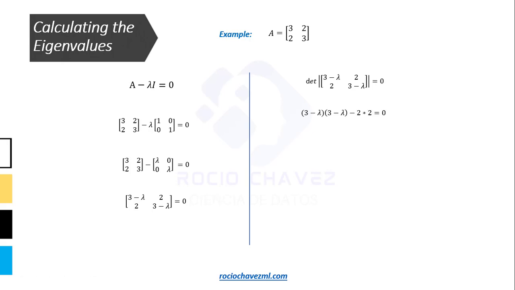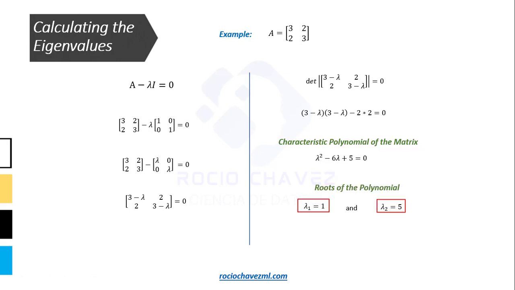We do this by multiplying the elements of the main diagonal and subtracting the multiplication of the other two elements. And we obtain the characteristic polynomial of the matrix, which in this case is lambda squared minus 6 lambda plus 5 equal to 0. To obtain the values of lambda, we solve the quadratic equation and see that the roots of the polynomial are 1 and 5.